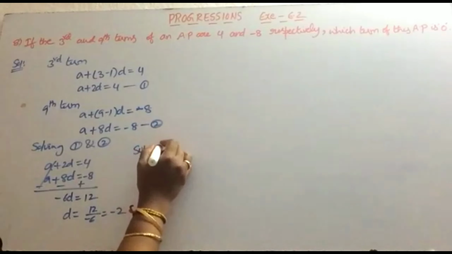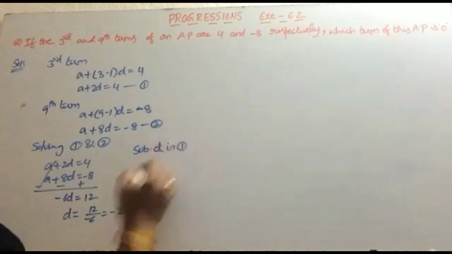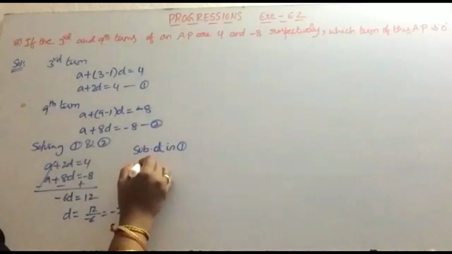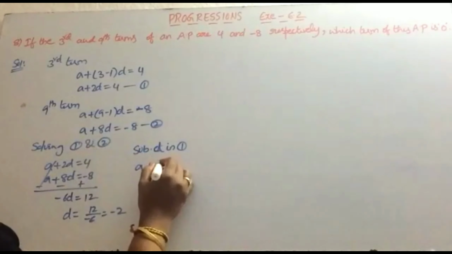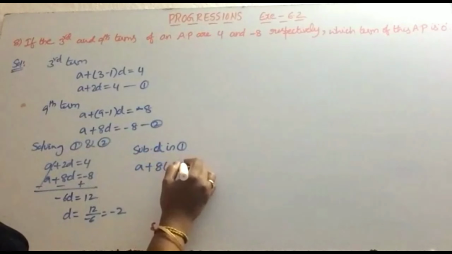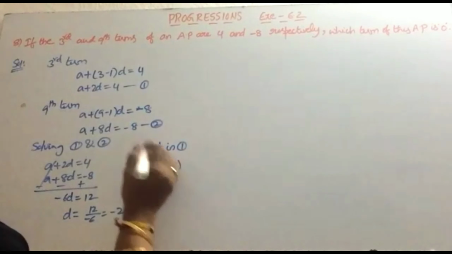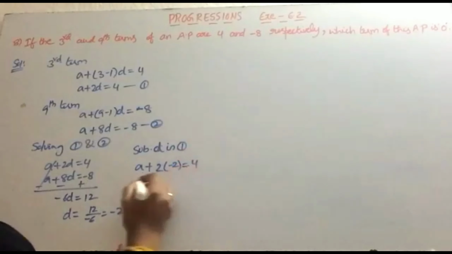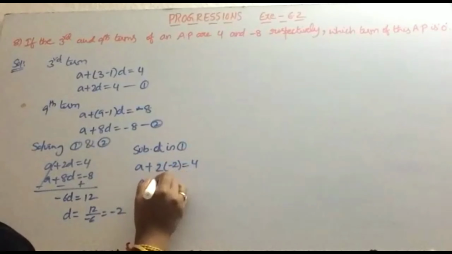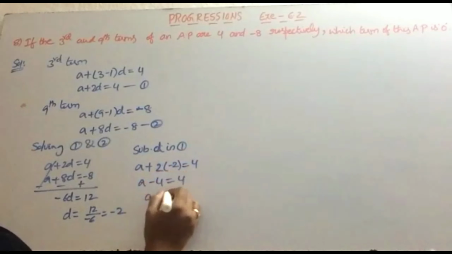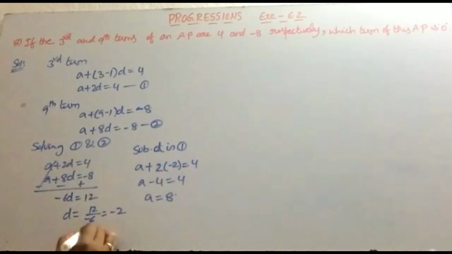Substitute D in the first equation. Then A plus 2 into minus 2 is equal to 4. So A minus 4 equal to 4. So A equal to 4 plus 4, 8. So D equal to minus 2 and A equal to 8.